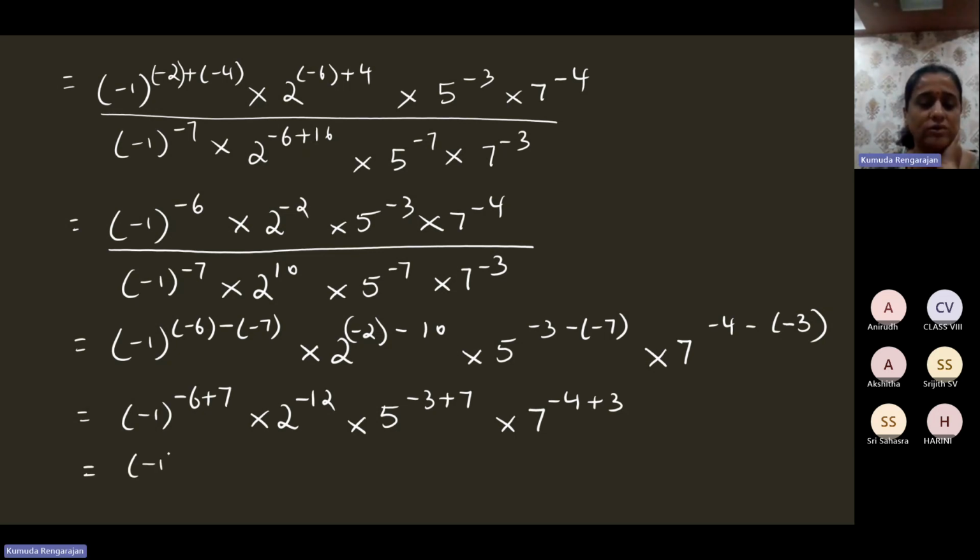So it's minus 1 to the power 1, into 2 to the power minus 12, into 5 to the power 4, into 7 to the power minus 1.